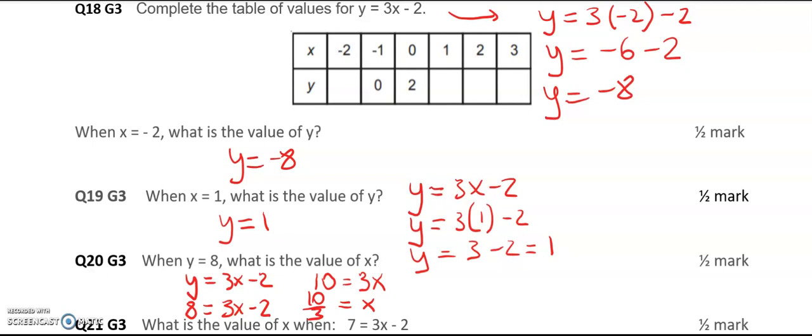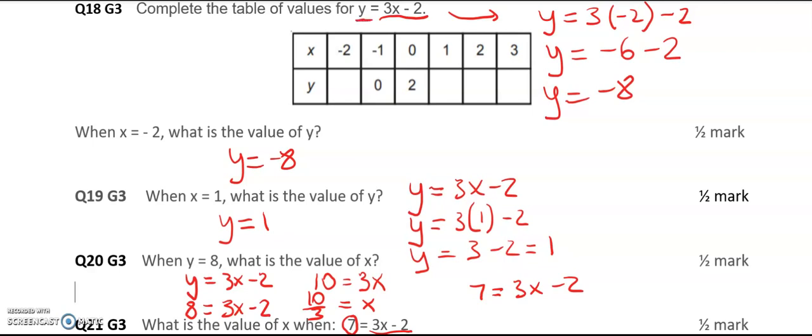What is the value of x when 7 is equal to 3x minus 2? So as you can see, the value of 7 is for y. So 7 is equal to 3x minus 2. How do I know that? Because this is exactly the same as this equation here.